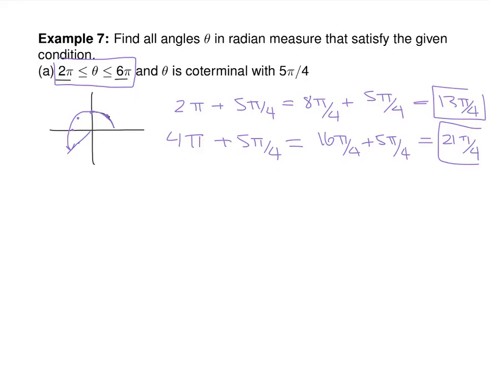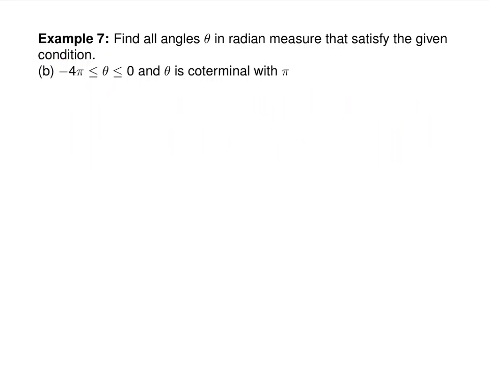And I kind of listed them backwards because the next one's actually easier. So negative angles that are coterminal with pi, and they're between negative 4 pi and 0. So this is the angle pi, right? If I have negative angles, that means I go clockwise, right? Does this negative angle fall within that range? Yes, so one angle would be theta equals negative pi.